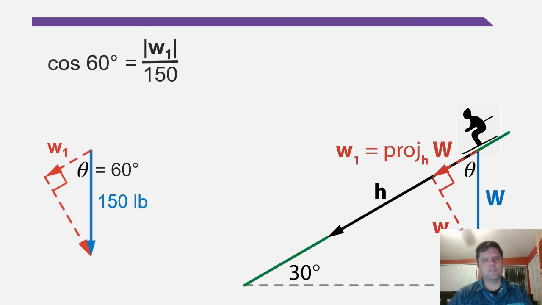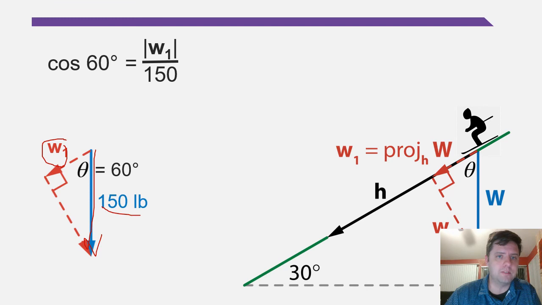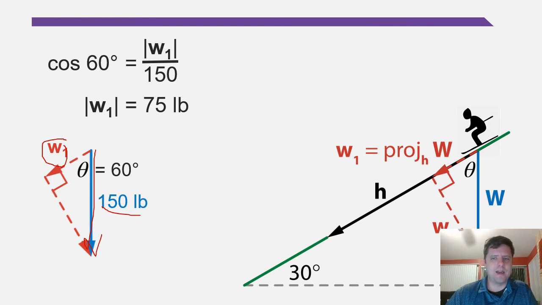We just know cosine of 60 equals adjacent over hypotenuse. Remember, this is the hypotenuse. This is the longest leg. So W1 over 150. And then we just multiply the 150 up here. So 150 times cosine of 60, and that's just 75 pounds. So he's going to be brought down the hill with 75 pounds of force pushing him down the hill.